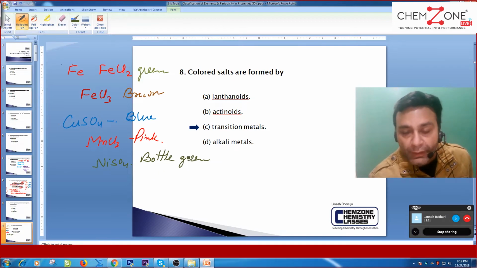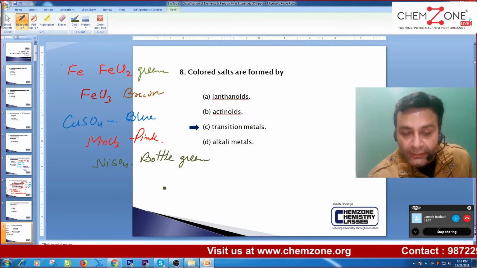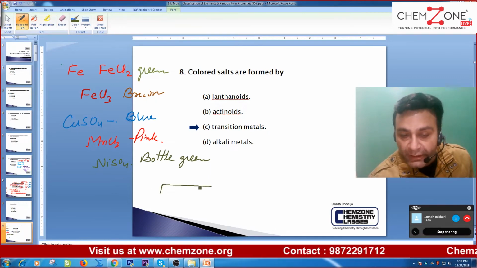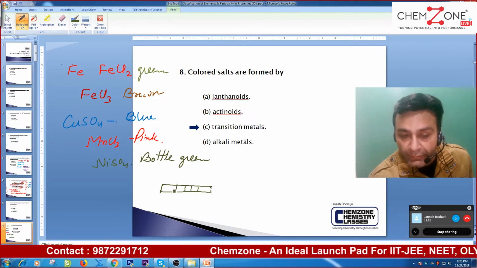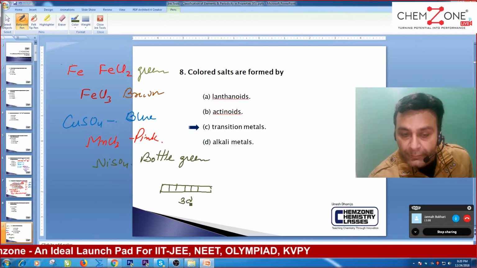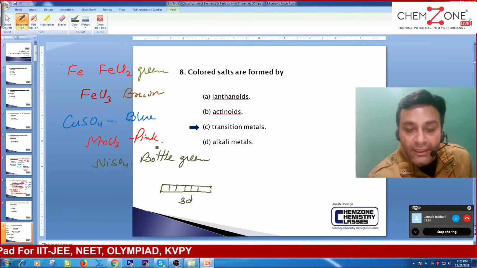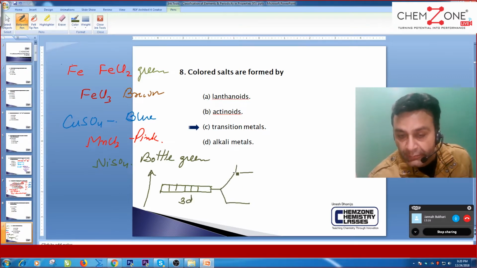Now, the question arises, what is the cause of their color? The cause is they have a D subshell; their last electron is in the D subshell, 1, 2, 3, 4, 5, and 6. This D subshell is large and diffused.